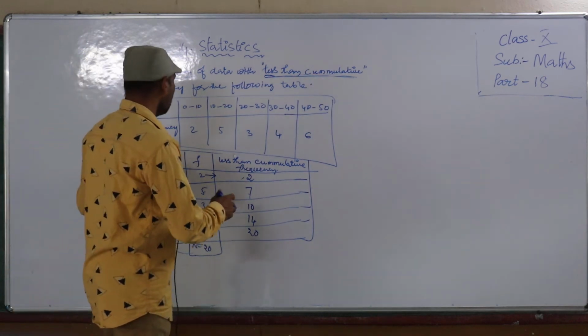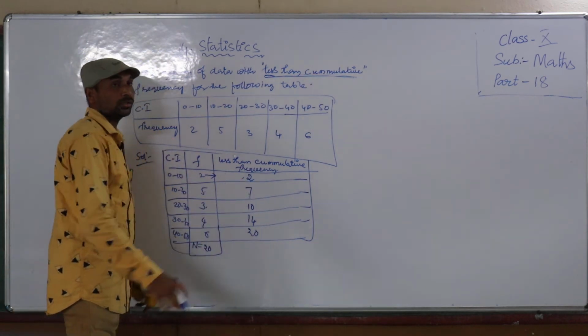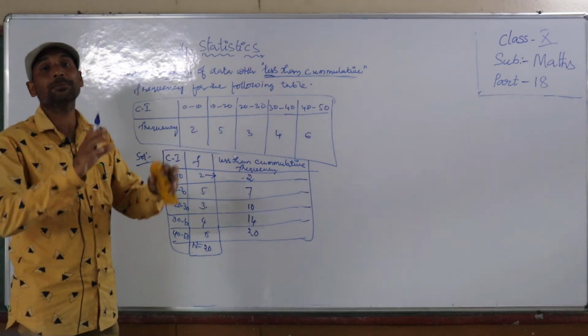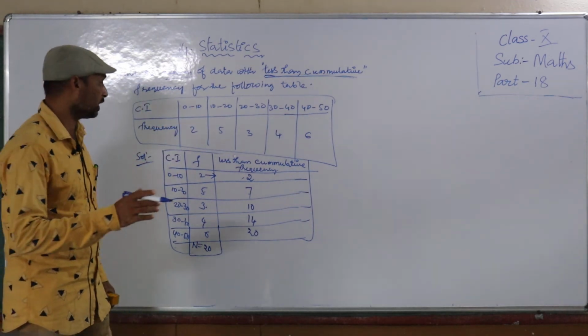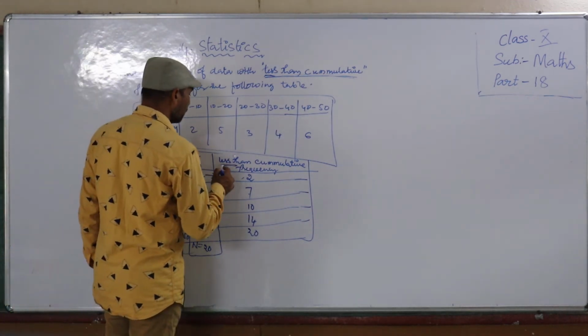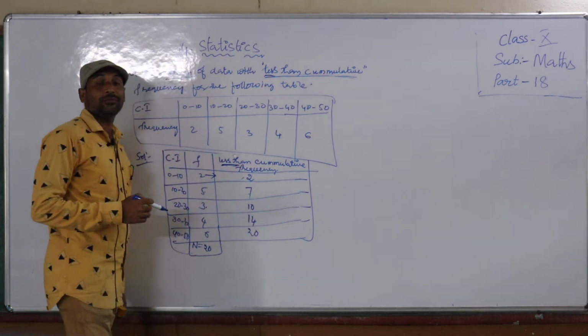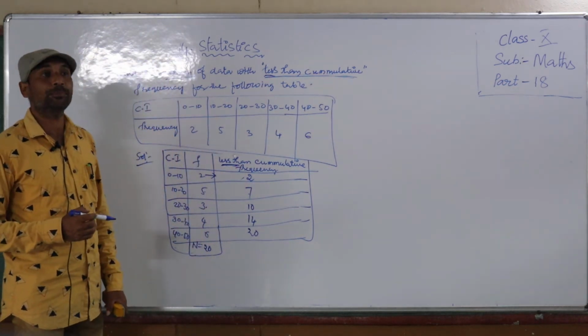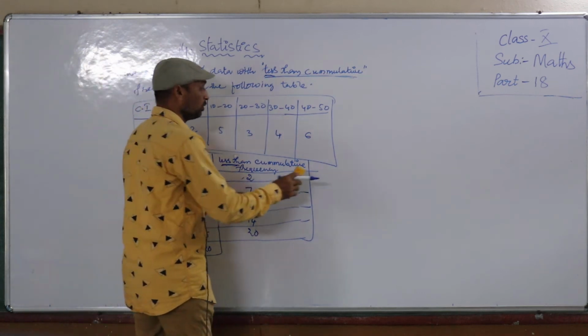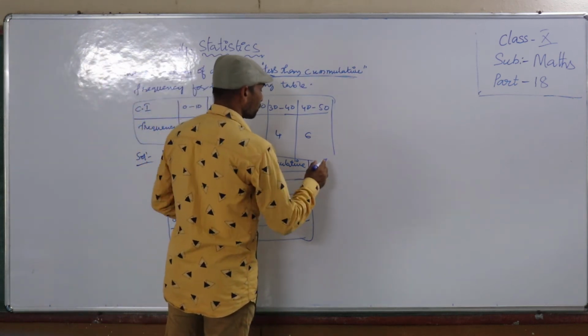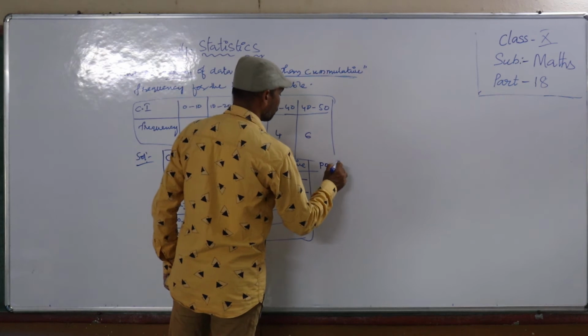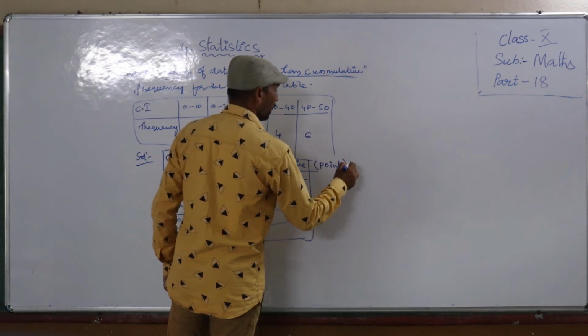Then these values we have to represent on the graph. See, when they ask less than, we have to take upper limits. If you have any doubt, you can write points also, meaning x comma y.